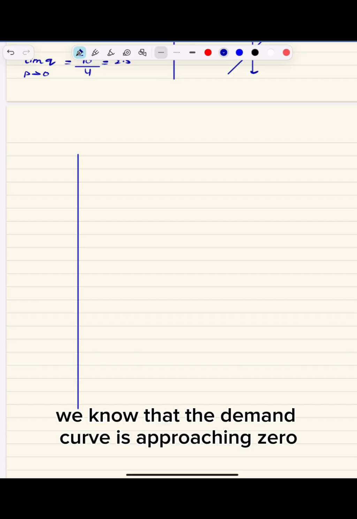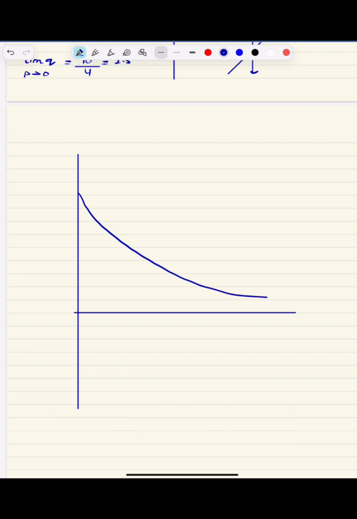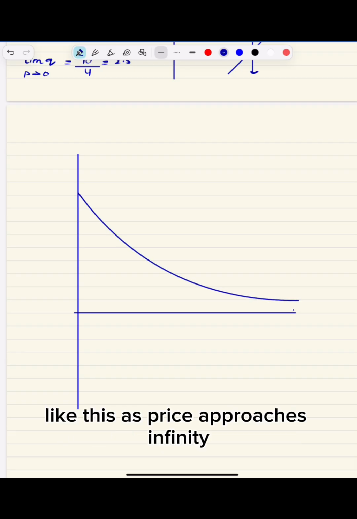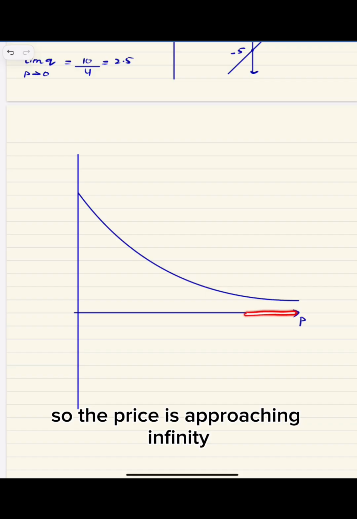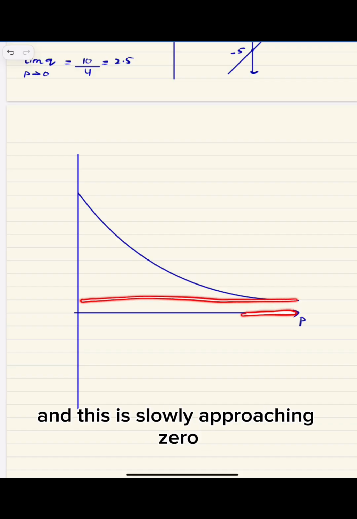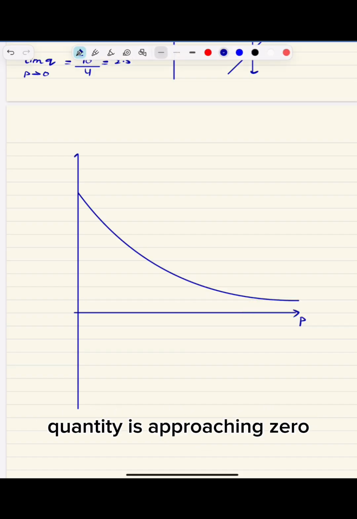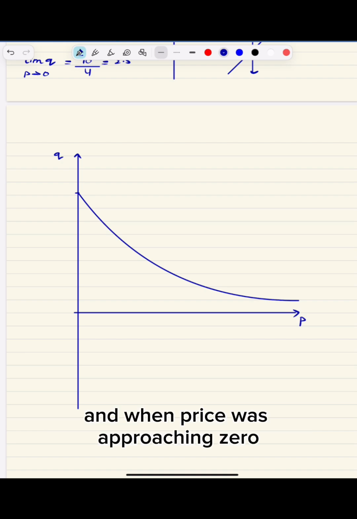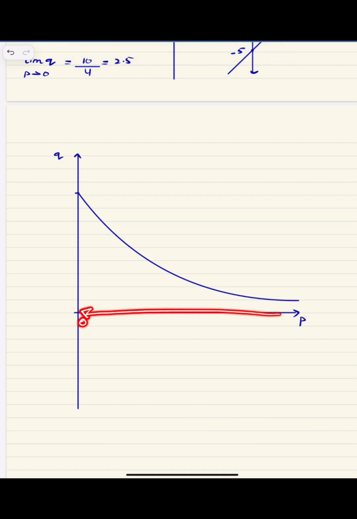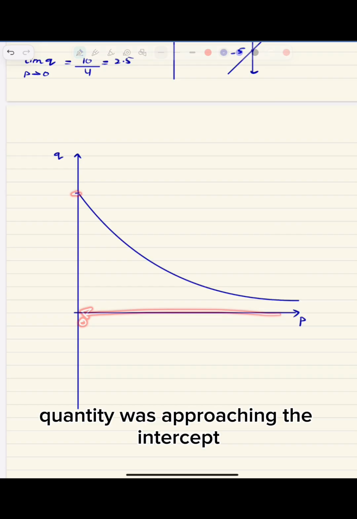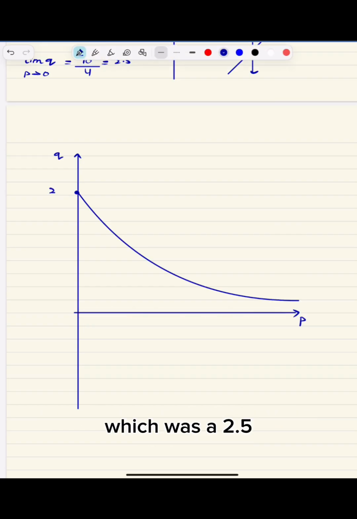We know that the demand curve is approaching 0 like this as price approaches infinity. So the price is approaching infinity and this is slowly approaching 0. Quantity is approaching 0. And when price was approaching 0, quantity was approaching the intercept, which was 2.5.